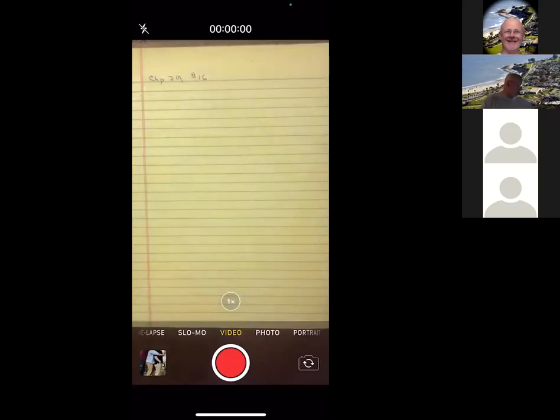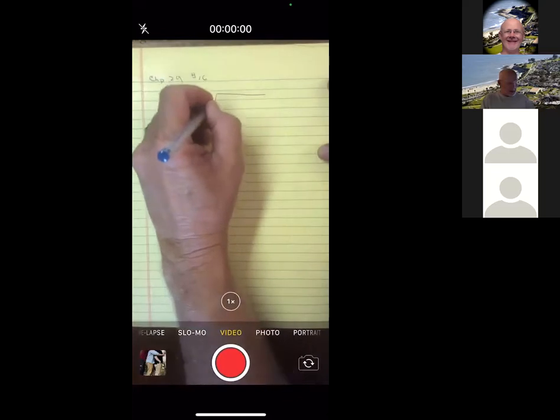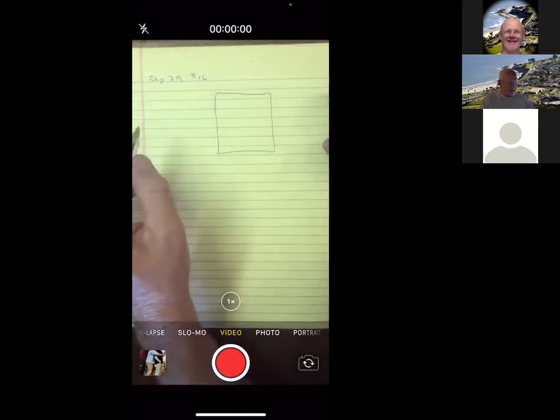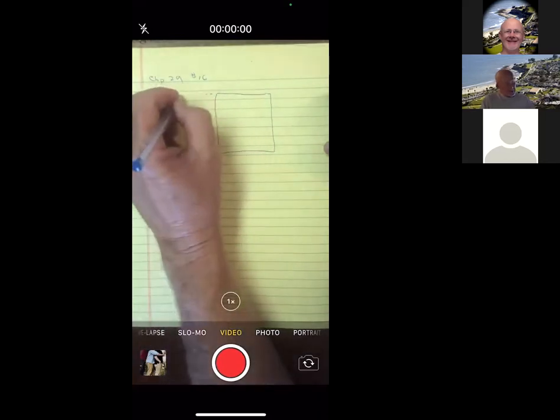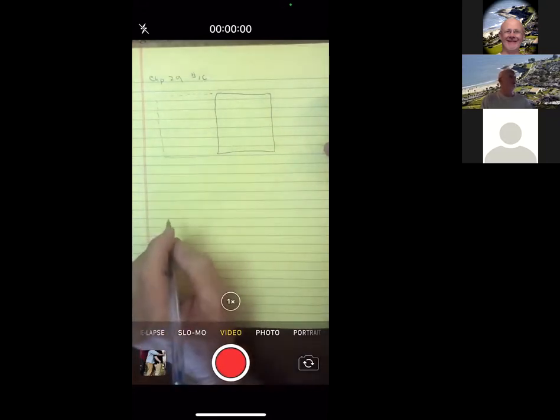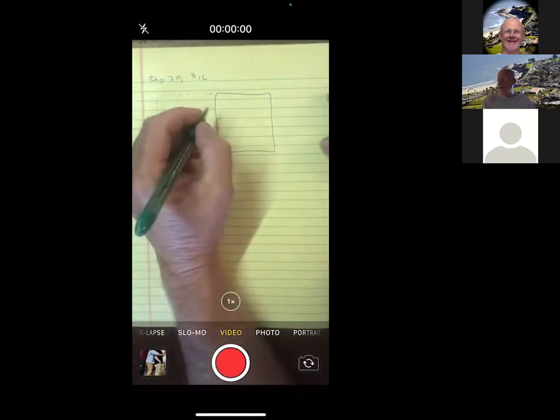Oh, okay. So I'm going to do something like this. So over here, and then over here. So there's two regions. Assume that the region to the right has a vertical magnetic field.